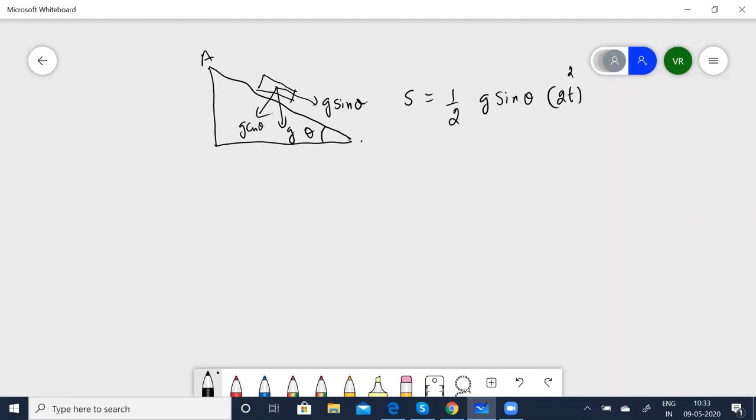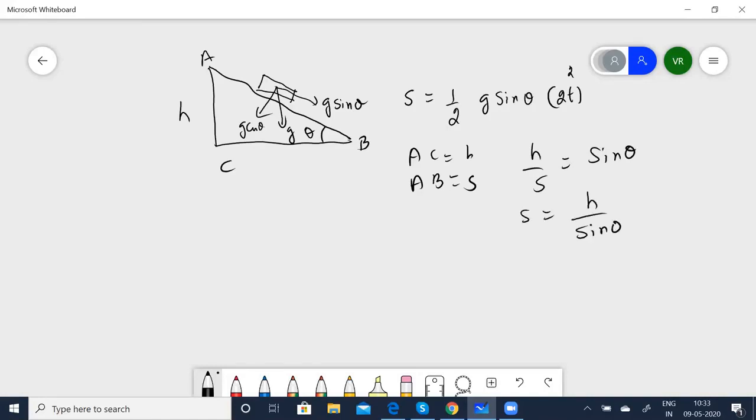So if I mark it as A, B, and C, AB is s and AC is h. So what is h by s? Nothing but sin theta. So you can write s equal to h by sin theta. All right. So t is the time taken to fall from the height h.